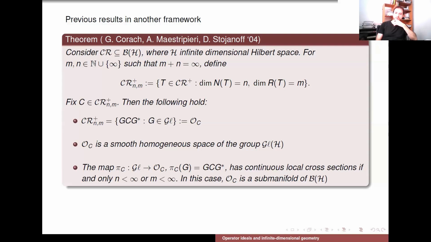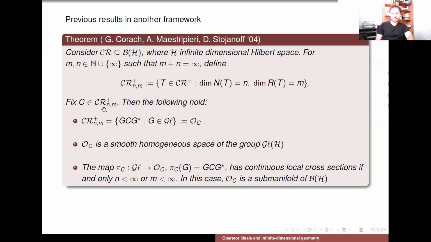So I would like to recall what is known in the case of the bounded linear operators of a Hilbert space. Here, we do not have any operator ideal. So we take again the class of closed range operators here in a Hilbert space, and we decompose the class of all positive closed range operators according to these two dimensions here.